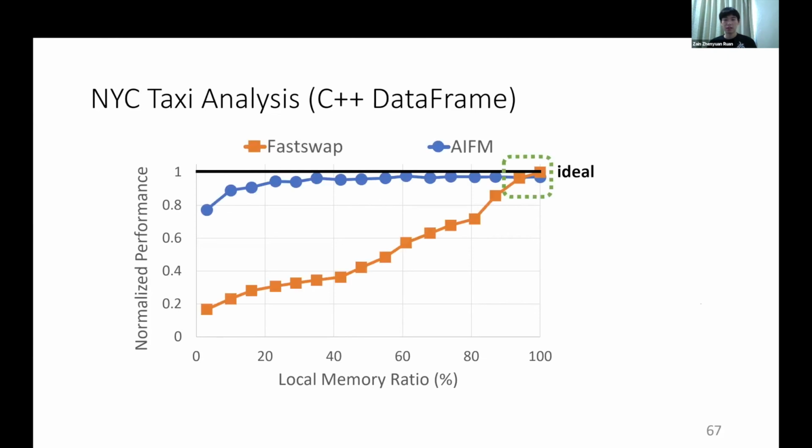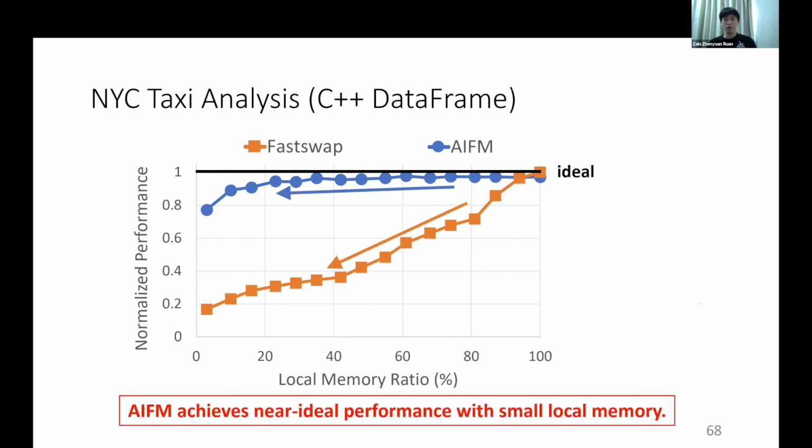First, unsurprisingly, both FastSwap and AIFM achieve ideal performance when using 100% local memory. However, when we decrease the local memory ratio, AIFM's performance decreases much slower than FastSwap. Specifically, AIFM achieves 77% performance with only 3% local memory, and 95% of performance with only 23% of local memory.